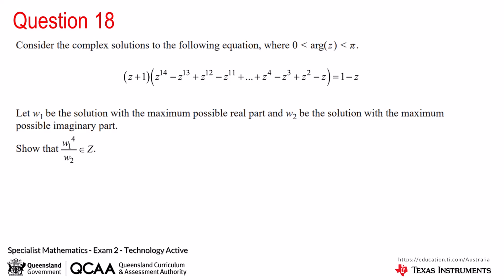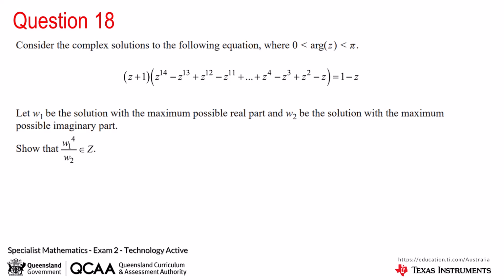And so this original equation simplifies to z to the power of 15 equals 1. And so therefore we can say that z is equal to cis 2k pi on 15, where k is an integer, and of course the arg of z lies between 0 and pi, not including.